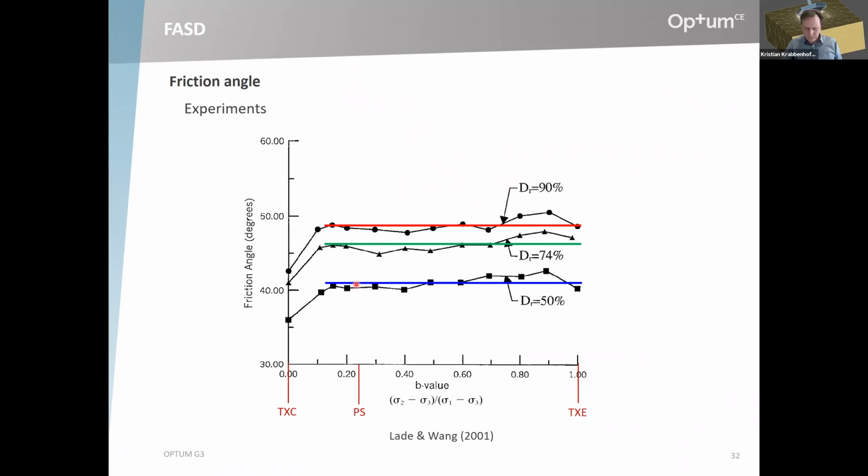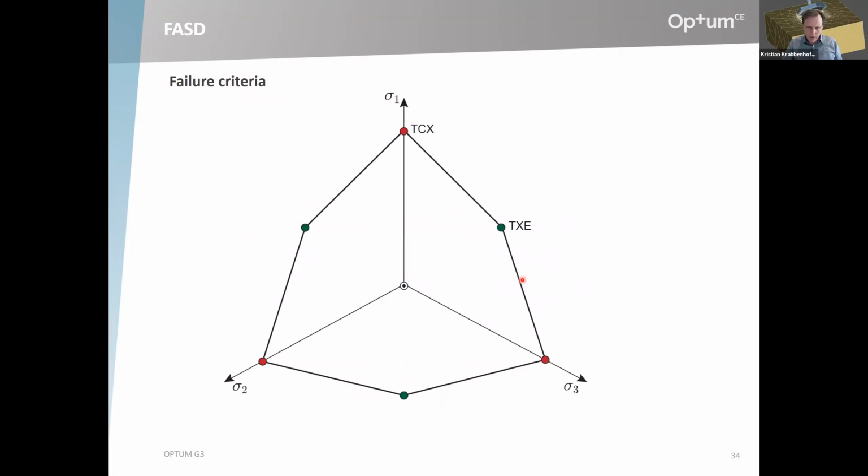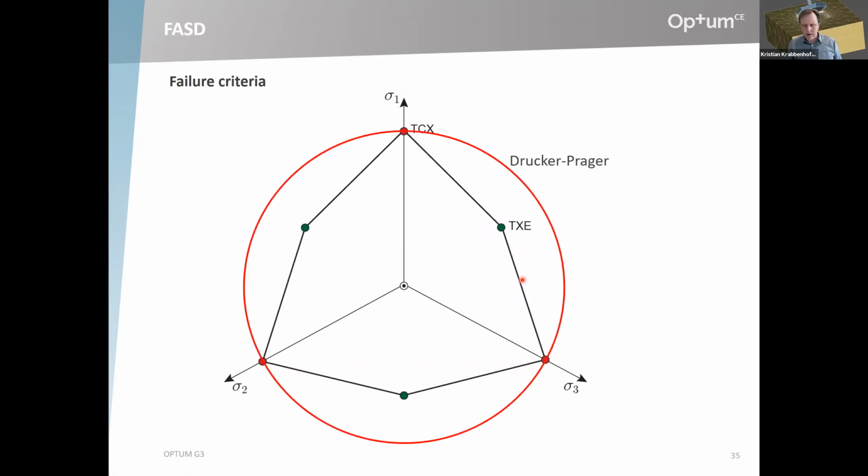So let's just hold on to that for a little while, and then also maybe revisit another famous criterion, the Drucker-Prager criterion, which is a circle in the deviatoric plane. It's in all the textbooks, at least on computational geomechanics, but it's not very widely used at all, because it overestimates the strength pretty significantly if you match it in triaxial compression.